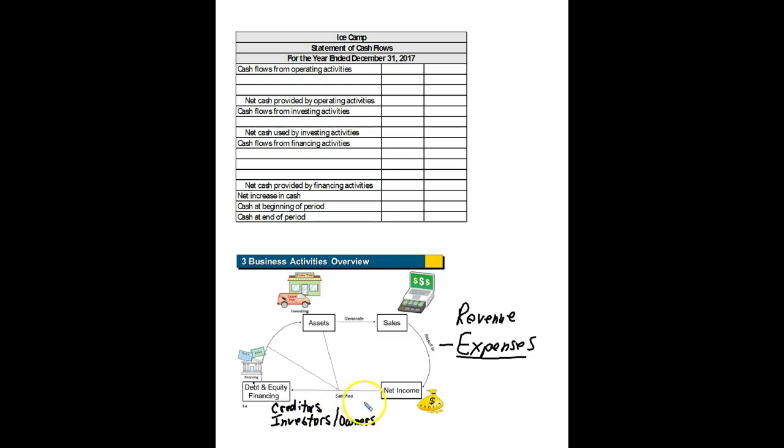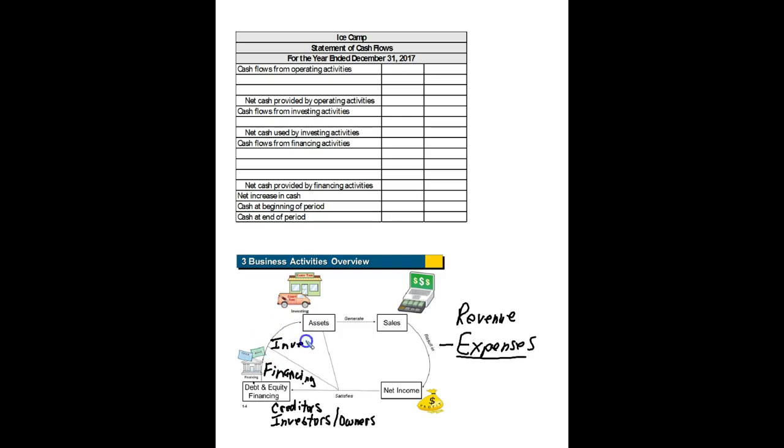Now what the accountant will do is come in, and you can see I've made three areas here. The accountant is going to label borrowing money and issuing stock as financing activity. So we finance with debt and equity. Then we take the cash from borrowing or issuing stock and invest: we purchase the assets.